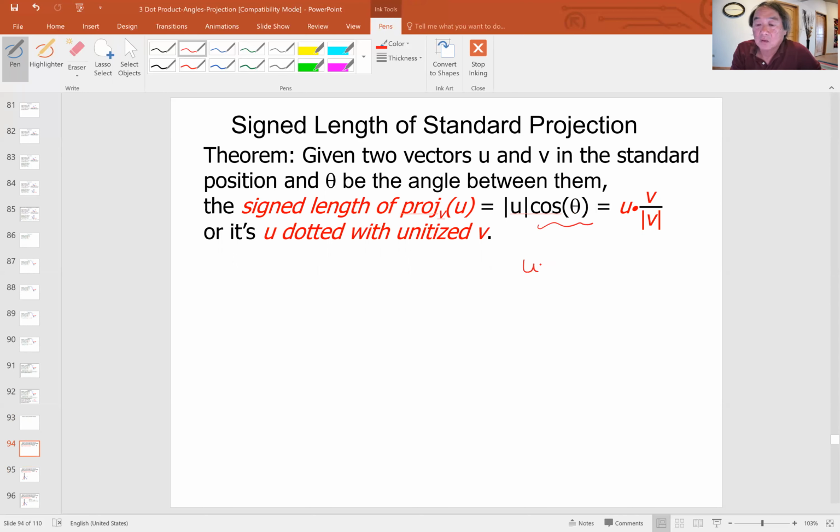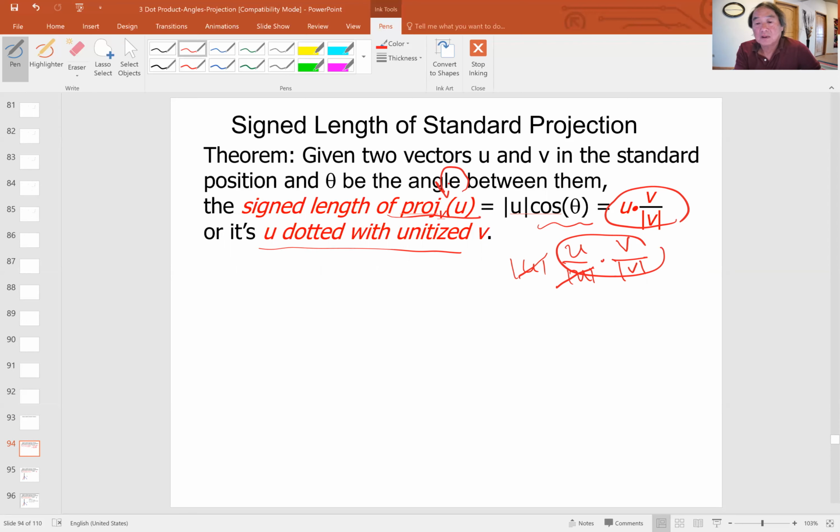But cosine of the angle between them is U over length of U, unit vectors, dotted with V over length of V. So these cancel, and we're left with this nice formula: the length of the shadow of U onto V is the same as U dotted with the unitized V.